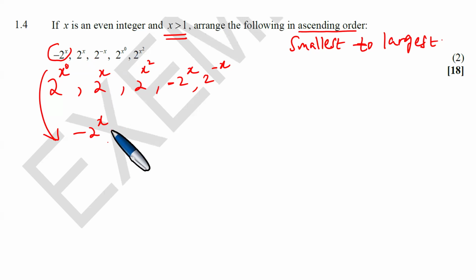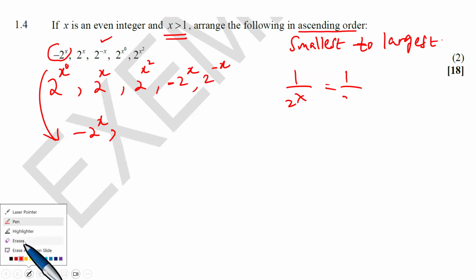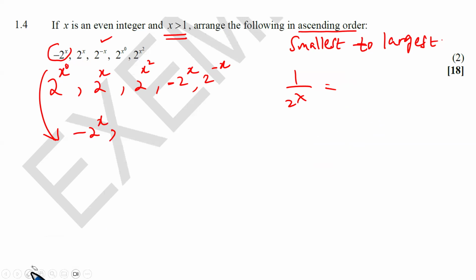Okay, next. Then the next number is a number with a negative exponent, because the negative exponent means 1 over 2 to the power x. If you have 2 to the power minus x like this. Then the next thing is now there's 0.